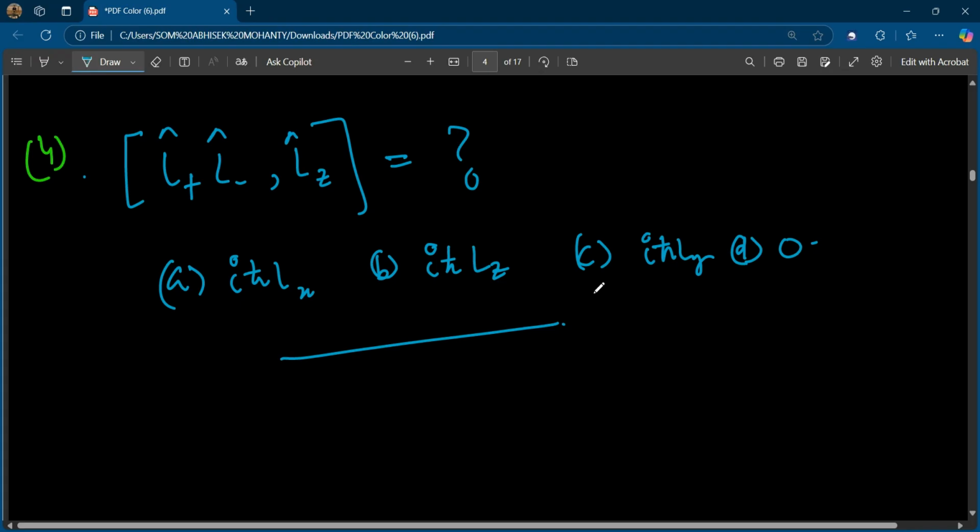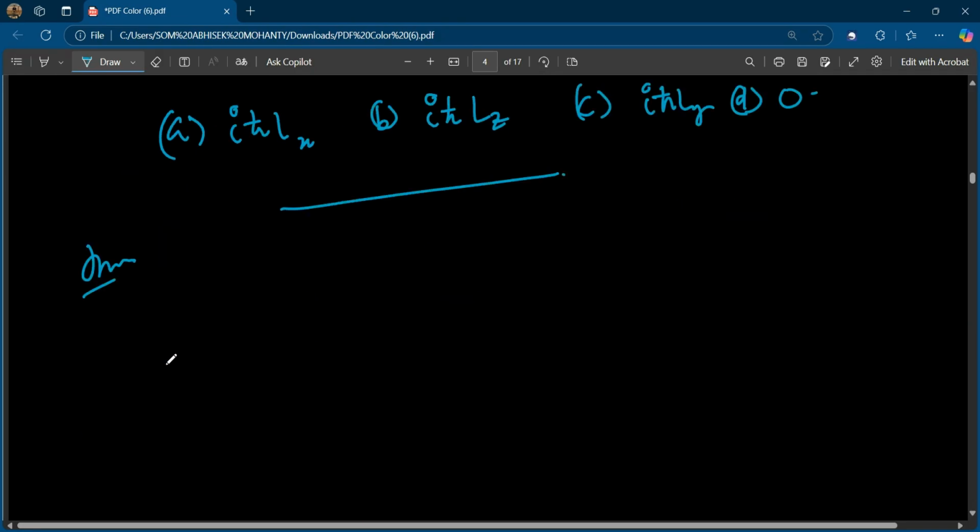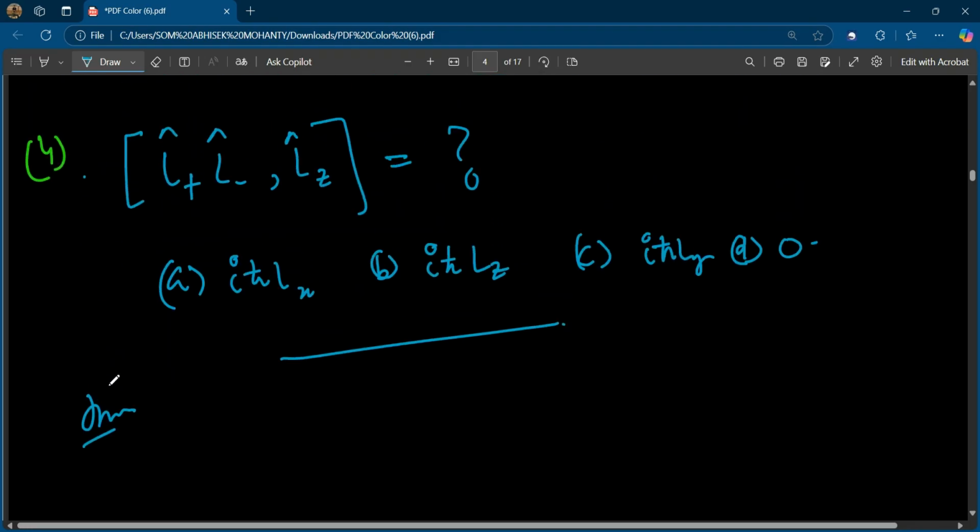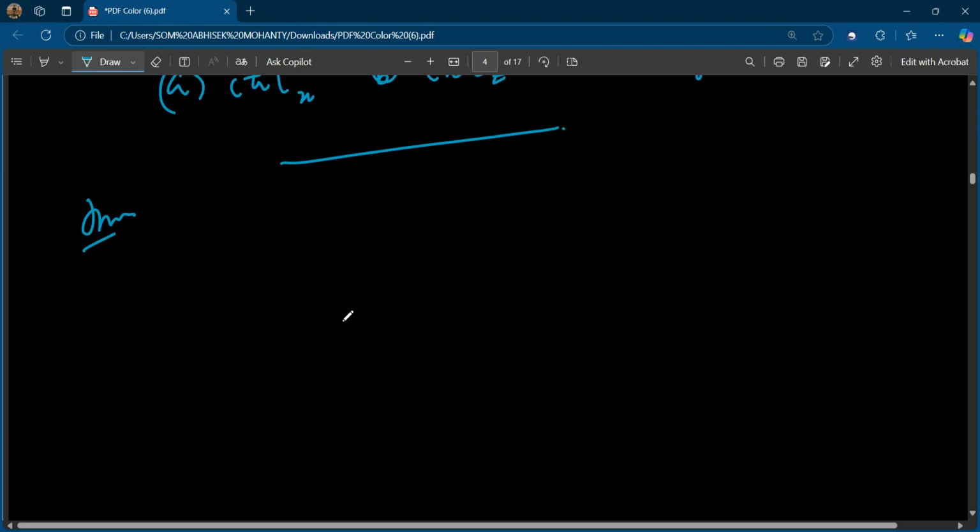The commutator of L plus, L minus, and Lz. Let's see.